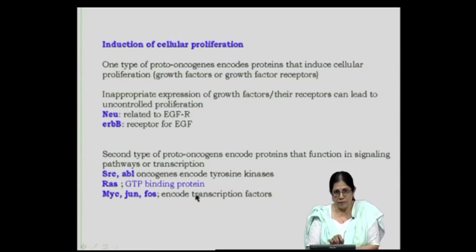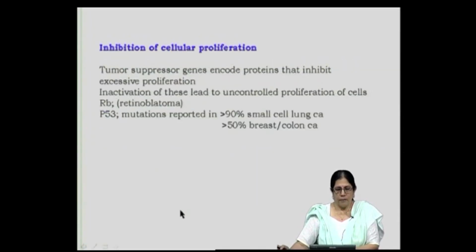RAS is a GTP binding protein. MYC, JUN, FOS, these genes encode transcription factors. So, now these all are required in the normal function of signaling and growth. If there are mutations in any of these, this can lead to uncontrolled proliferation.